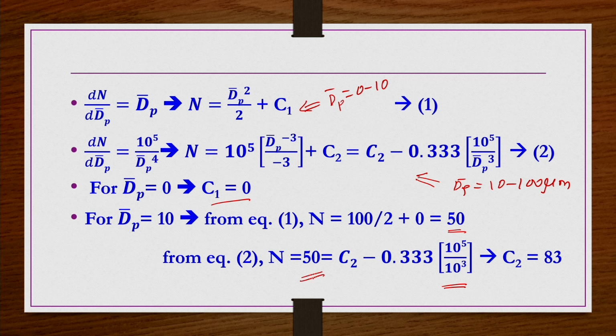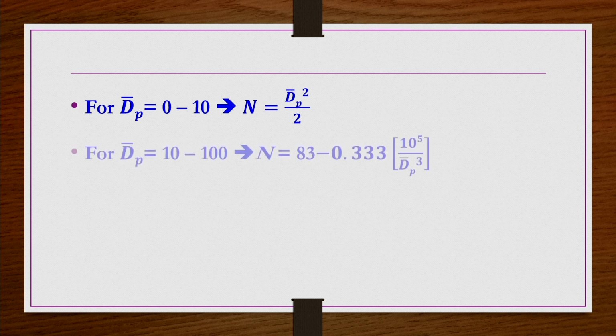If you substitute 50 for n, you will get C2 is equal to 83. So, the particle distribution you get here for 0 to 10 microns is n is equal to dP bar square by 2, and for dP bar 10 to 100 microns, n is equal to 83 minus 0.333 times 10 power 5 by dP bar cube. This is what you get.